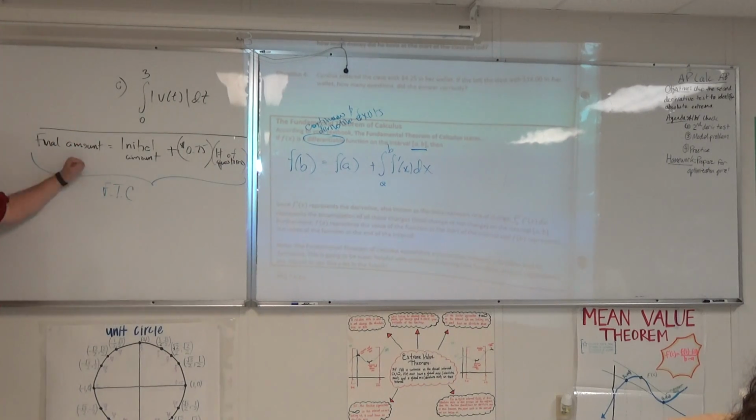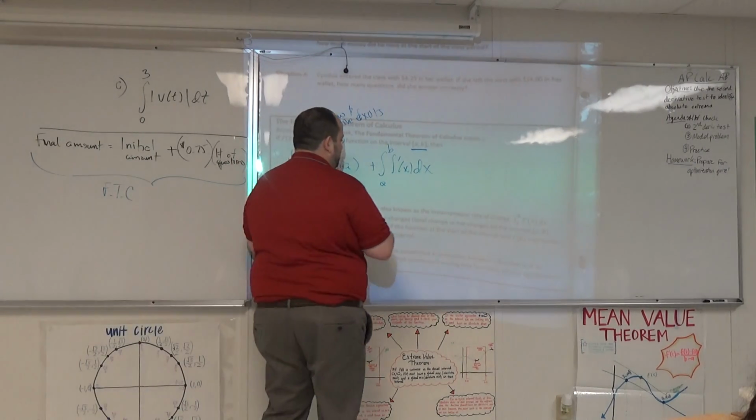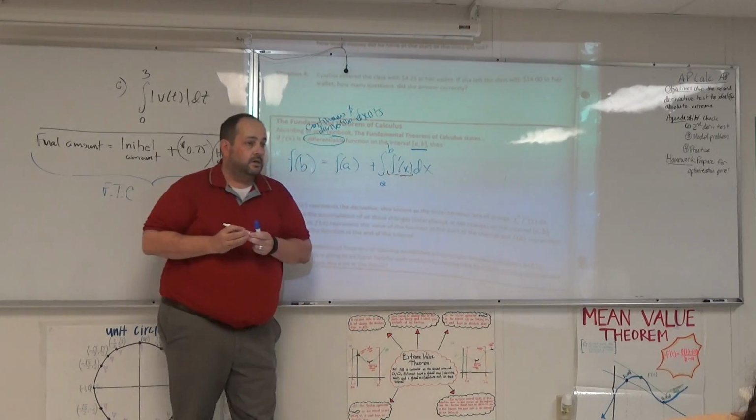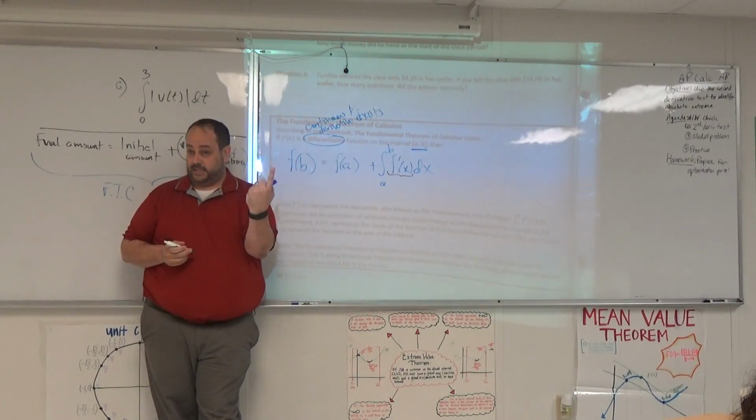It is exactly this. There is no difference between that and this. On a high level, there's no difference. F prime, you guys know what this is. F prime represents the derivative. It represents a rate.